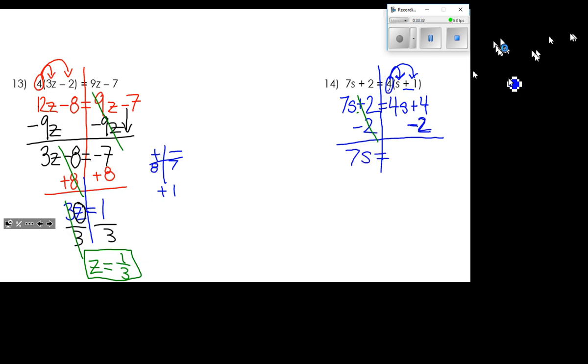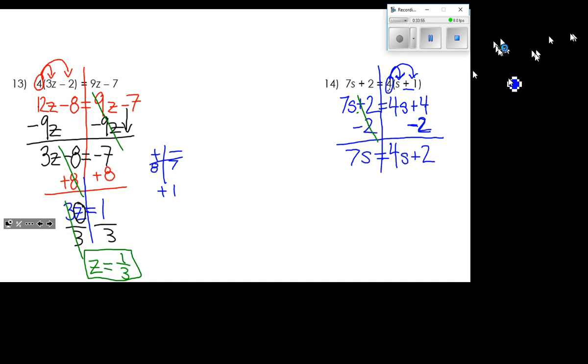So 7s equals 4s. And then 4 minus 2 is +2, so +2. Now we need to get the s's on the same side. So I'm going to move the 4s.